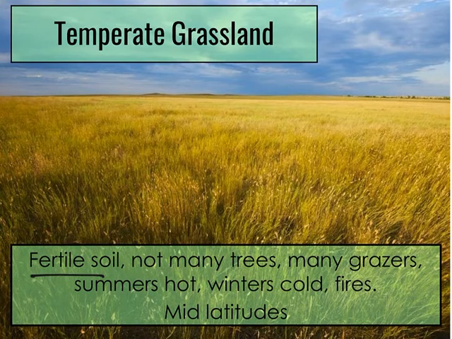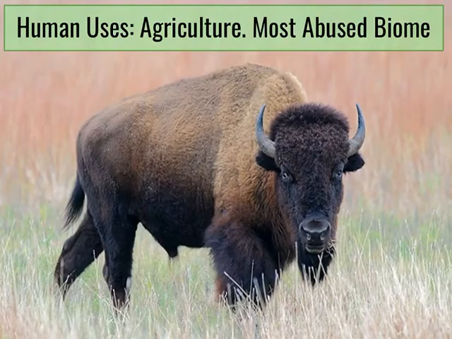So we find a lot of grasses and many grazers, organisms that eat vegetation and just graze, like the bison here. But as a result, it's also one of the most abused or overused biomes because of these agricultural practices.